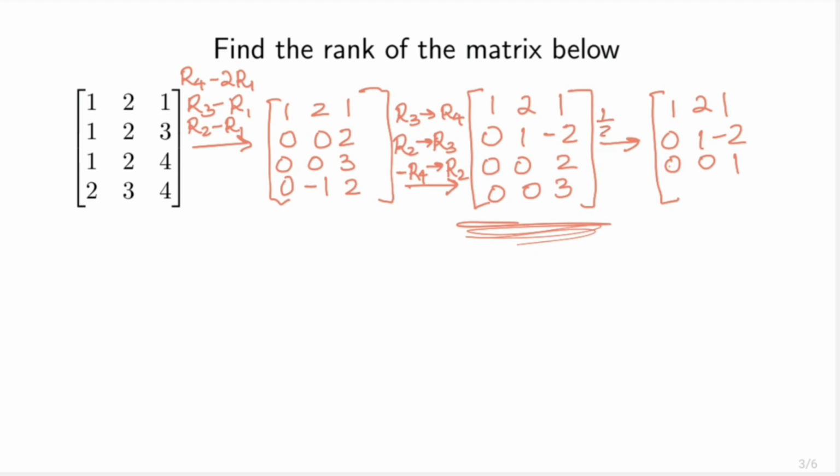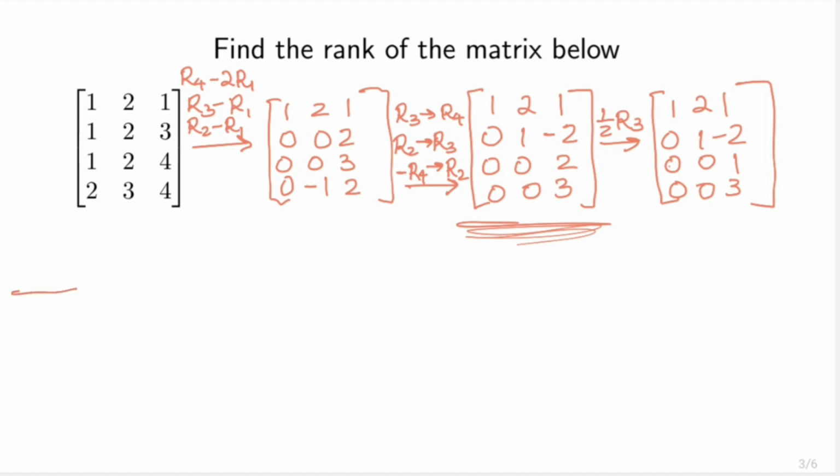So we have half of row 3, and then we have 0, 0. Here, after doing half of row 3, we can subtract 3 times that from the last row, but let's just finish this step, and then in the next step we'll subtract 3 times row 3 from row 4.